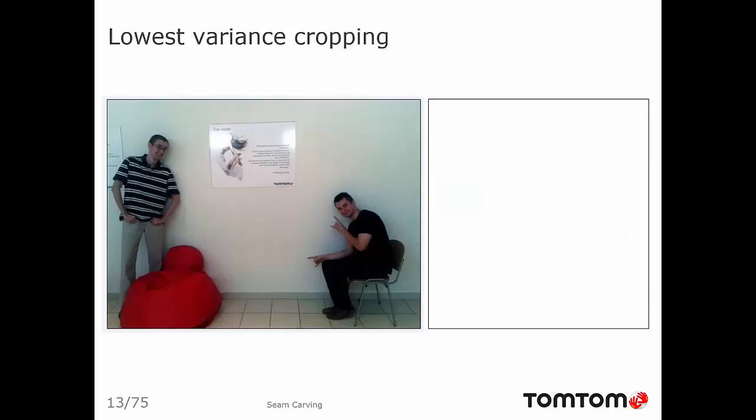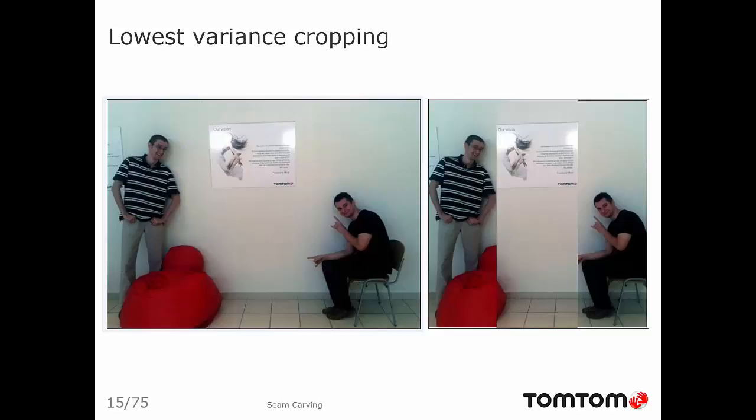Maybe a more sophisticated trick would be to find cross-sections of the lowest variance that will flow through the picture and remove them out of the picture. And as you can see, the resulting picture is almost perfect. The only problem is that Bartek's right hand is gone and he said it's useful.